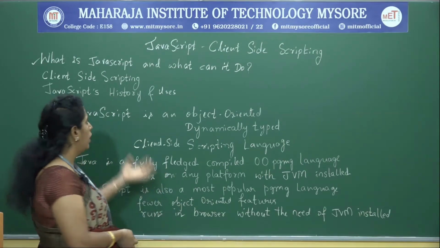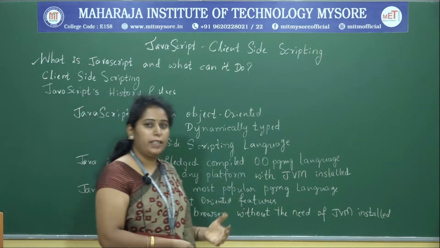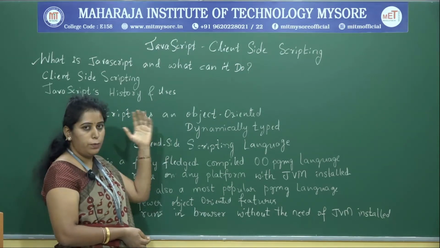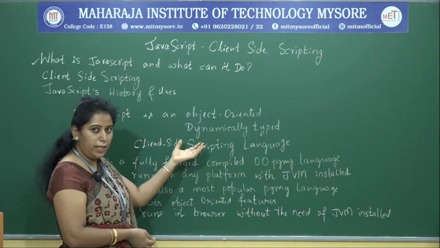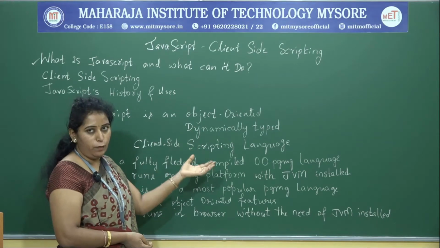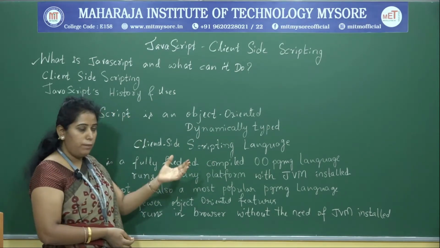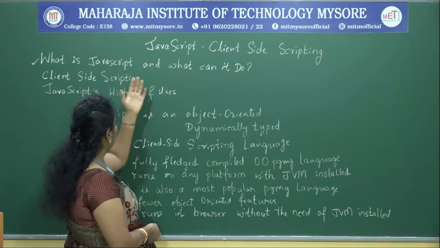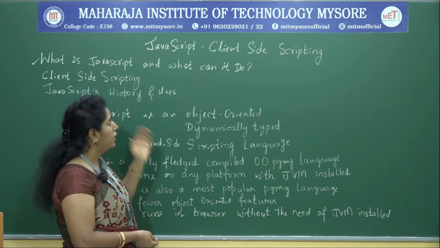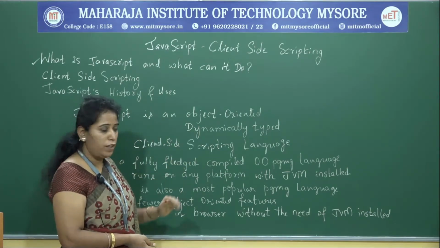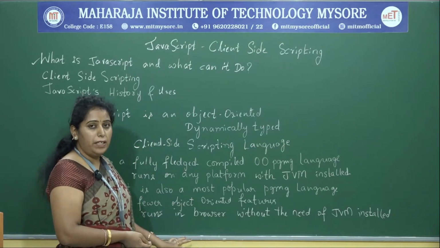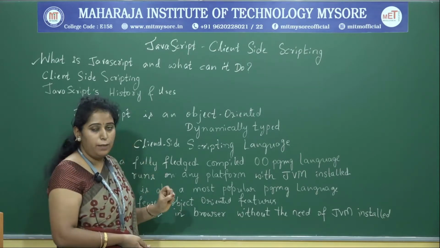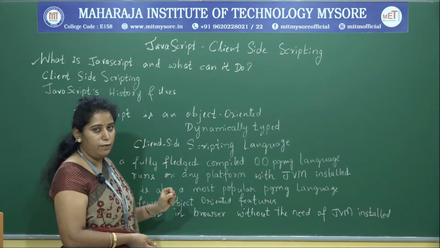Again, I will repeat. What is JavaScript and what can it do? JavaScript is an object-oriented programming language which is dynamically typed and a scripting language. JavaScript is also named a client-side scripting language. That is what the chapter name says, JavaScript client-side scripting. In this complete chapter you will get to know how JavaScript is named a client-side scripting language.